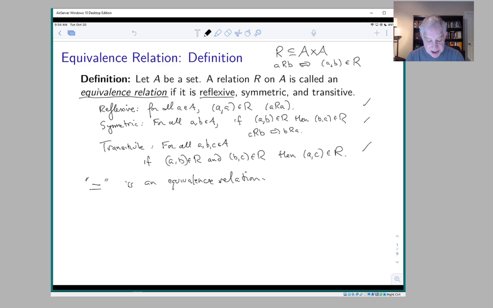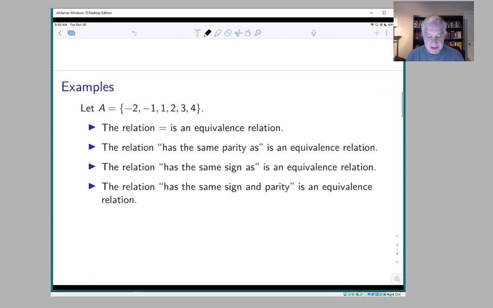I didn't mention this last time, but it's just the collection of things of the form (a, a), where a is in the set A. In other words, the only things which are related to one another by the equals relation are the thing itself. So this is maybe the most basic of all equivalence relations. But there are lots and lots of others.